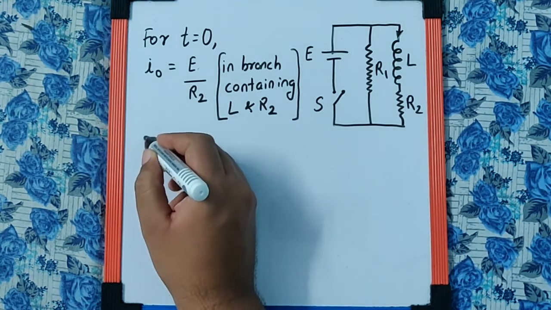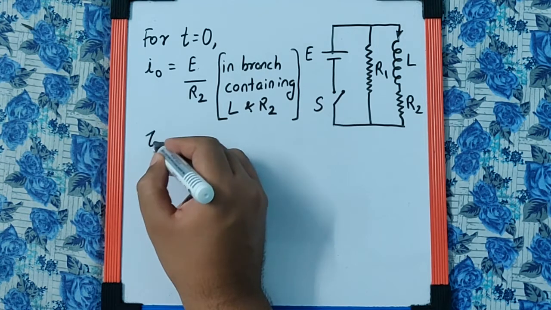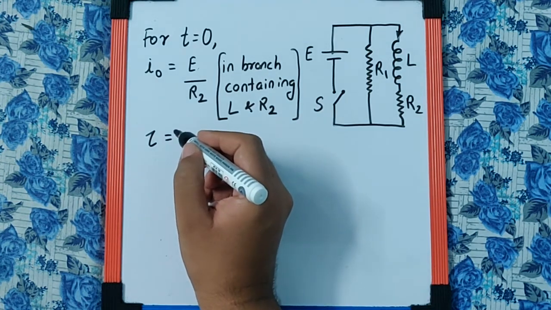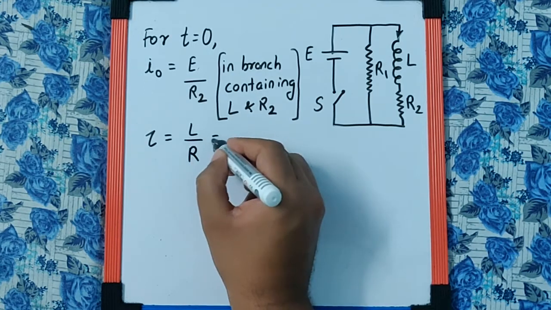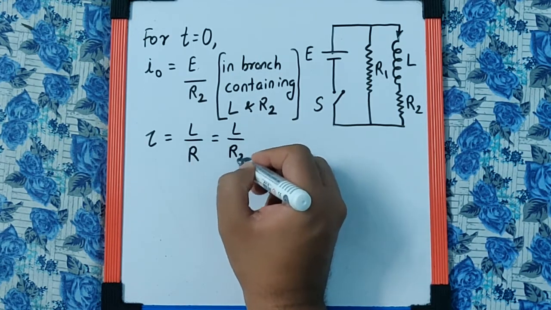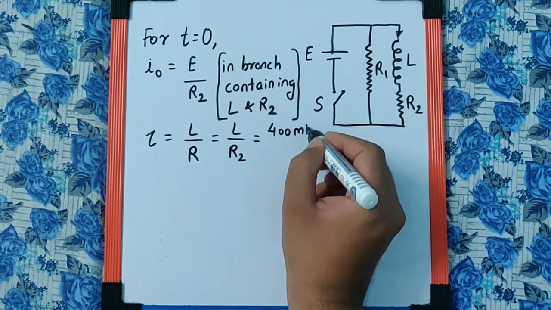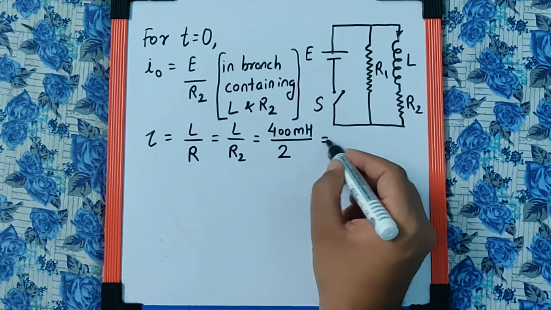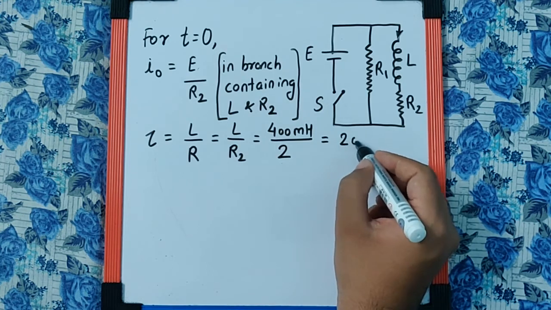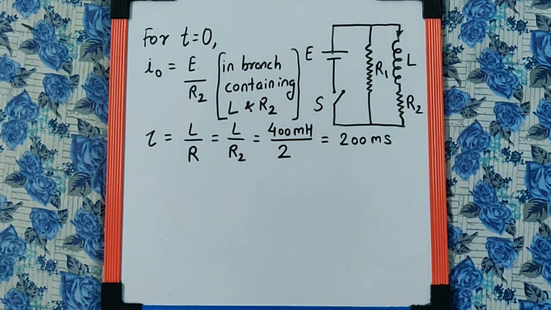Now we know for generally the LR circuits, the time constant tau is L by R, which over here is L by R2. So L is 400 millihenry and R2 is 2 ohm, so it is going to be 200 millisecond. I hope you get this part.